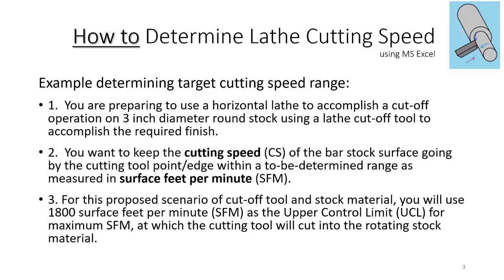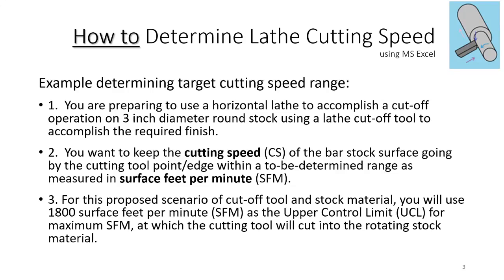So you can think of that as a surface speed going by, almost as if it was tangential, and there's a pretty straightforward equation to figure that out. We'll get into that. And we're going to go with an assumption, and you can change this in what we're going to set up based on manufacturer recommendations.